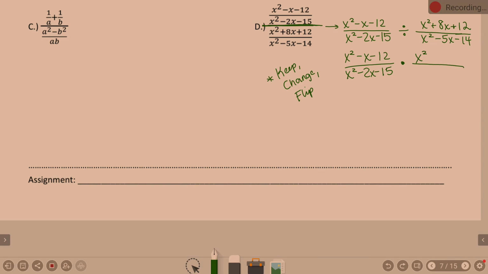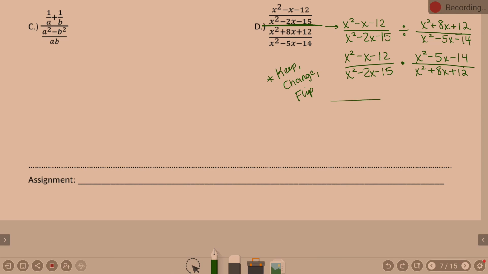It's now going to be x squared minus 5x minus 14 over x squared plus 8x plus 12. What do we do? Factor. Lots and lots of factoring. So we don't have to multiply that mess, right? That's nastiness to multiply.